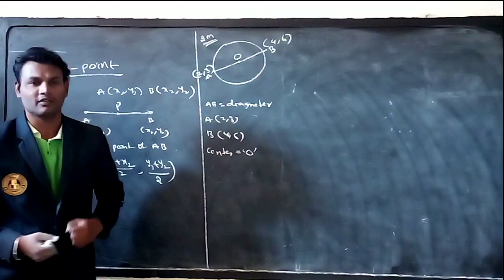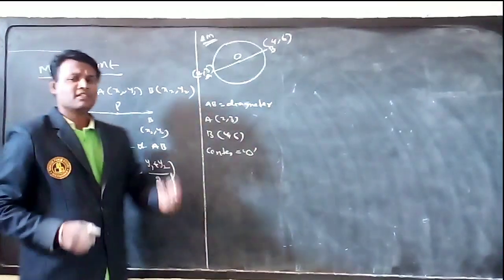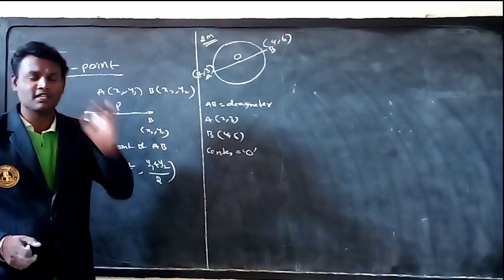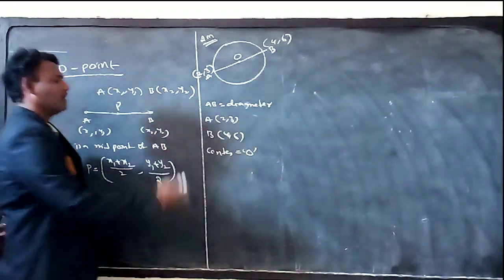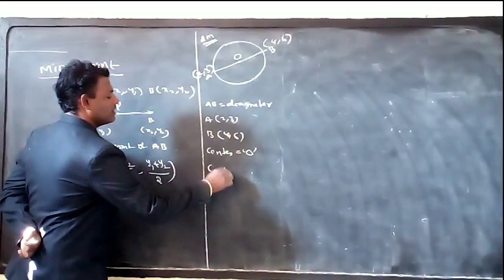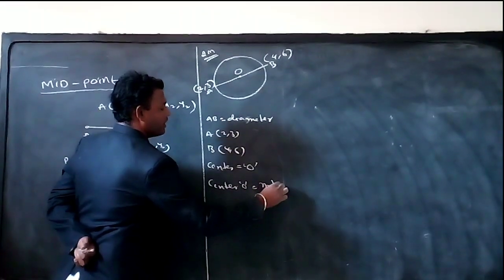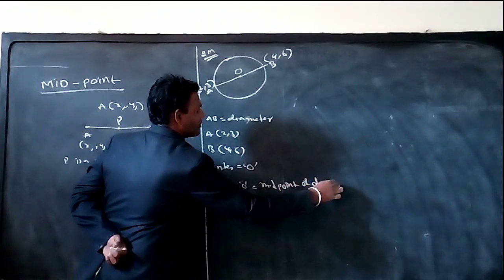Always the center is the midpoint of the diameter. So to find the center, you have to take the midpoint of the diameter. So clearly I am writing here, center O is equal to the midpoint of the diameter.